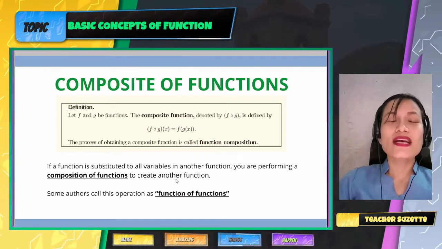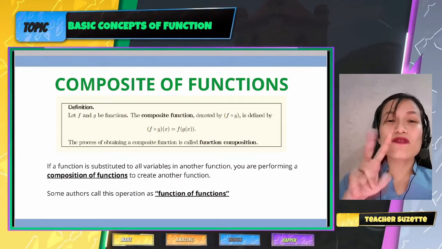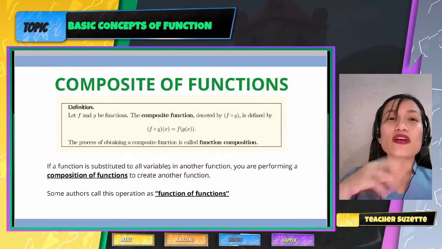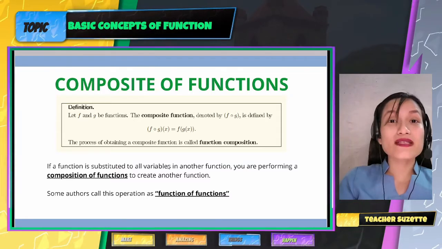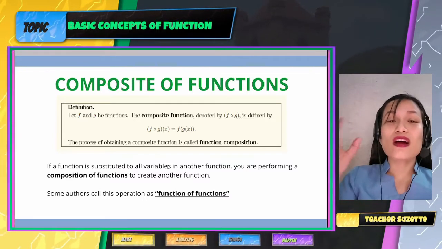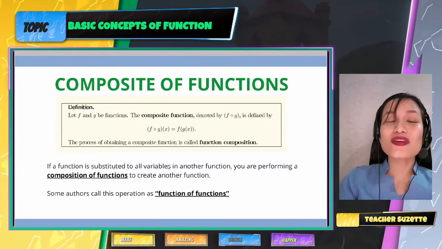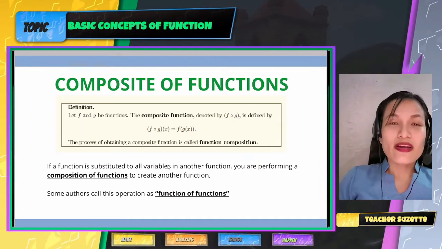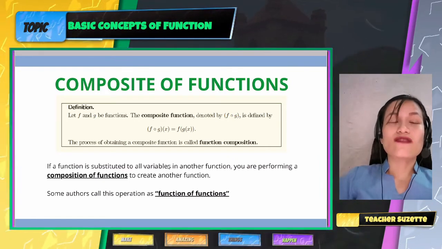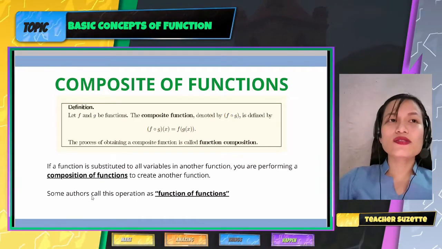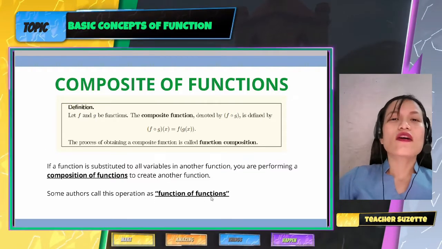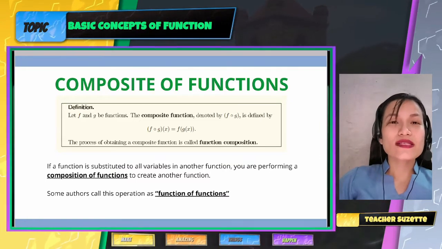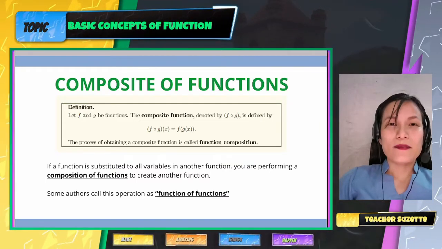So in short, you have two functions, and all the variables of one are substituted or replaced with the value of another function to create another. So that is already a composition of functions. Some authors call this operation function of functions. Now let's proceed with more examples.